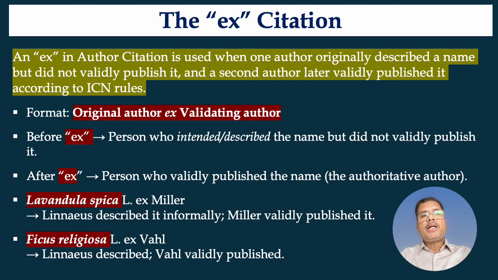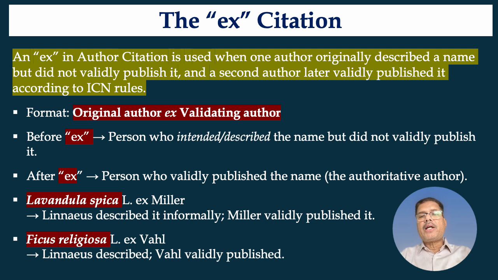In botanical nomenclature, the term EX in author citation is used to acknowledge situations where one botanist initially described a plant but did not validly publish the name according to the rules of the ICN, and a second botanist later completed the valid publication. This system allows us to give proper historical credit.